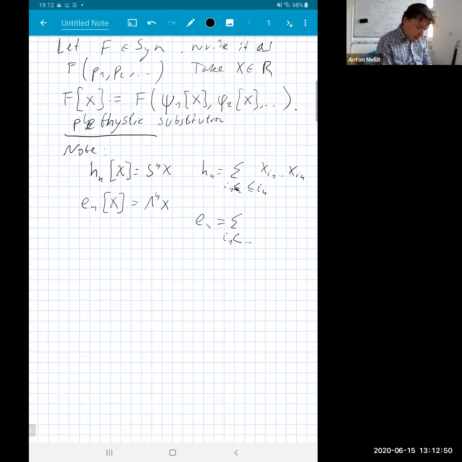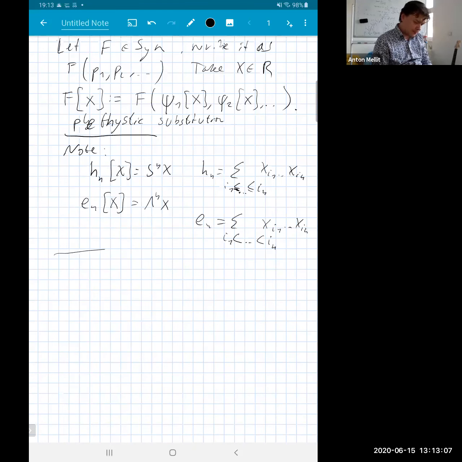Sorry, this is not clear here. Okay, good. So this is a way to pass between operations and symmetric functions.